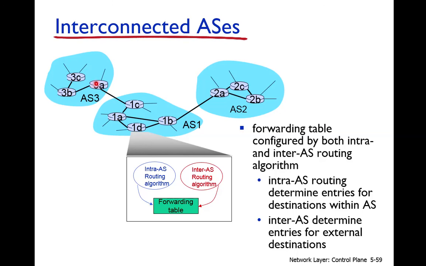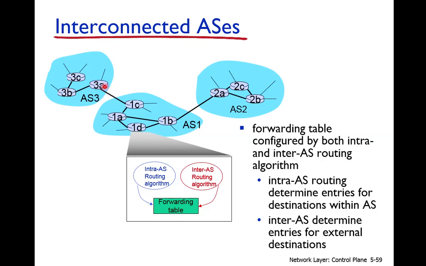Okay, but 3A is the router that is connected with routers in autonomous system 3 as well as with autonomous system number 1. So a router that interconnects two autonomous systems is called a gateway.